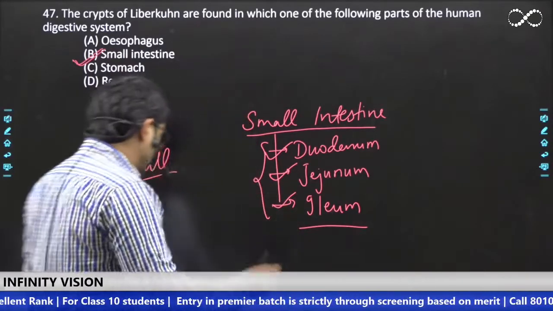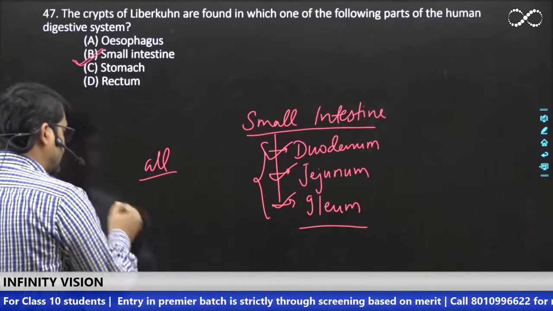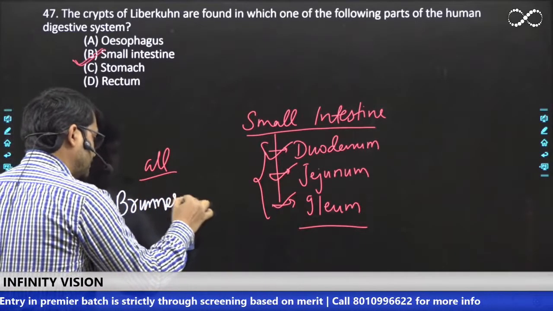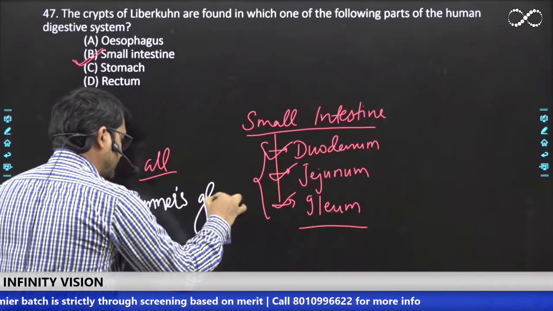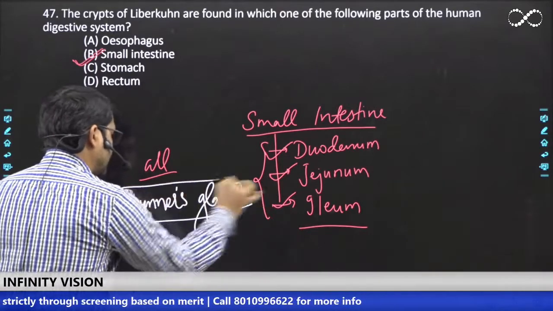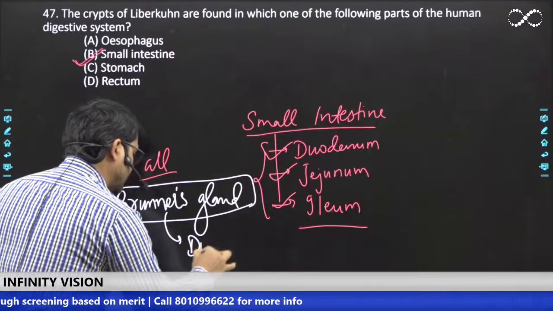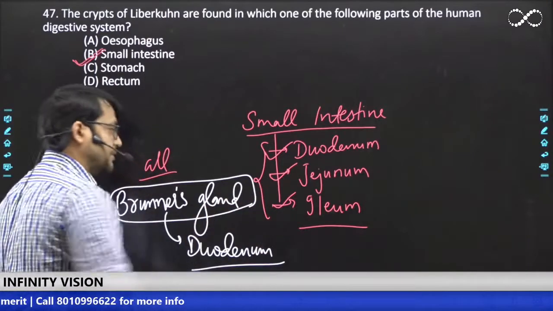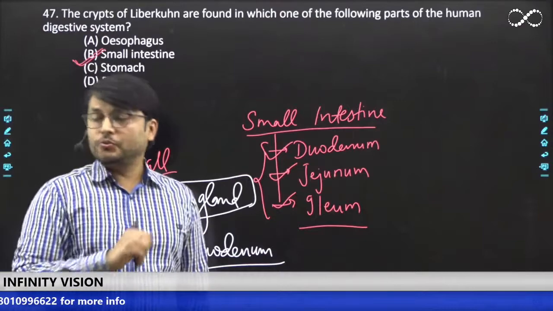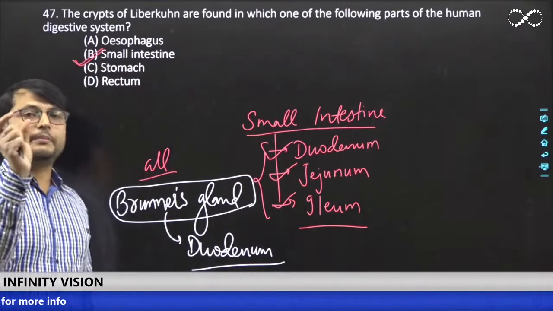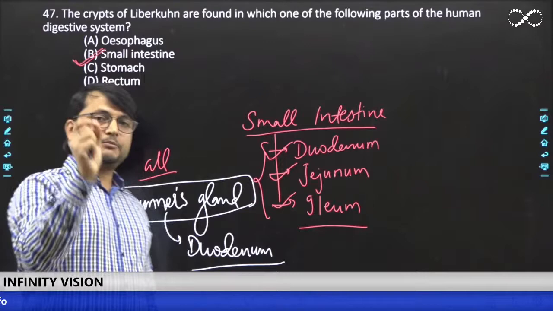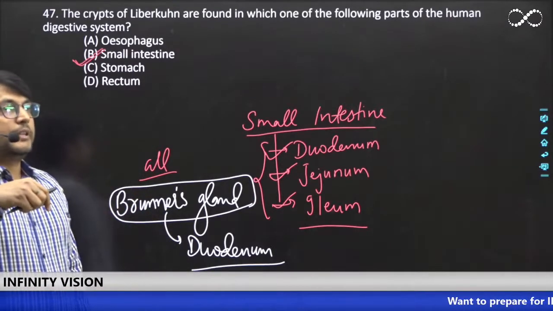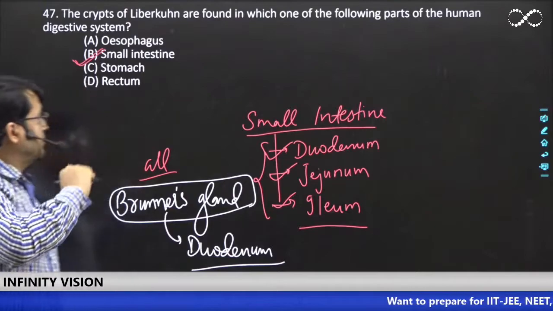Let me also tell you one more thing: there is another gland called Brunner's gland, and Brunner's gland is only found in the duodenum. Only in the duodenum area of the small intestine, but crypts of Lieberkühn in all parts of the small intestine. Great? Okay, very good.